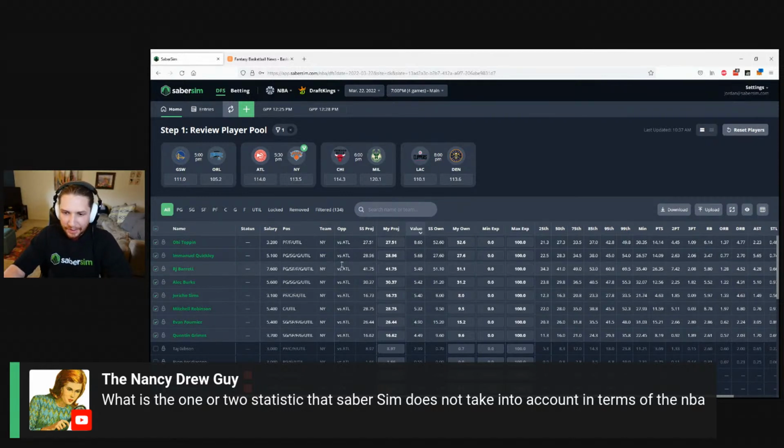Another thing that'll happen is if a guy gets hurt mid-game, a lot of times the guy that comes in and subs for him and gets that guy's minutes that game is not the guy that ends up standing to benefit the most as the rotation readjusts. So I'm making an assumption here, not entirely sure about this, but if this is a situation where Randle got hurt in game and Toppin came in and got his minutes and had a big night, it might be worth double checking that.